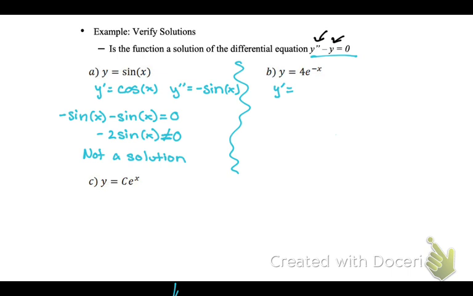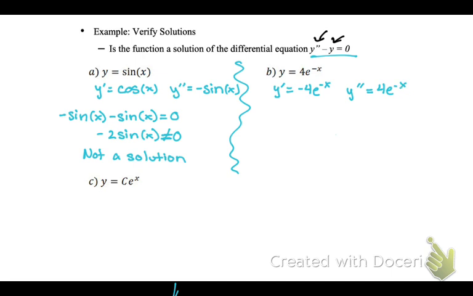So what's the first derivative of 4 minus e to the negative x? How about negative 4e to the negative x? Because of the negative. Okay, so what's y double prime then? Wouldn't it just be 4? Yep, because it'd be 2 negatives.